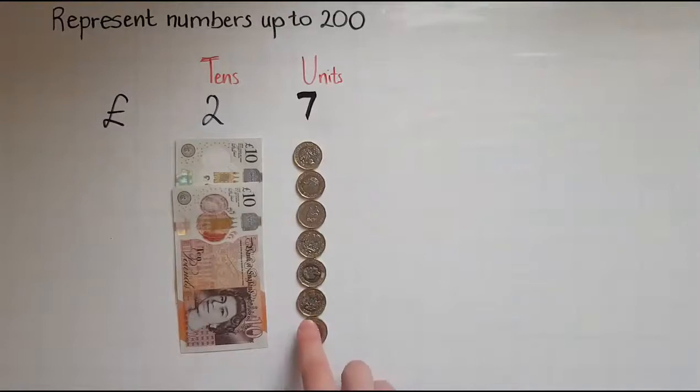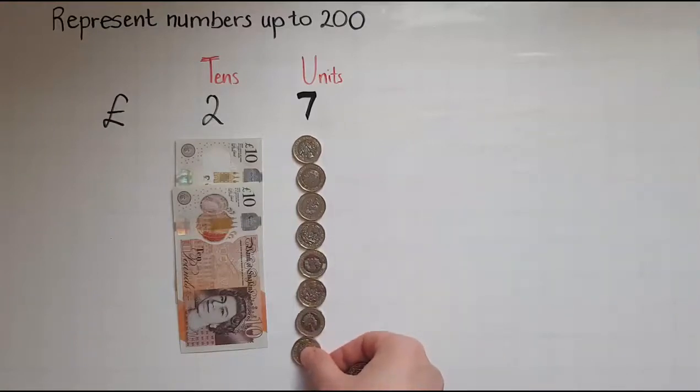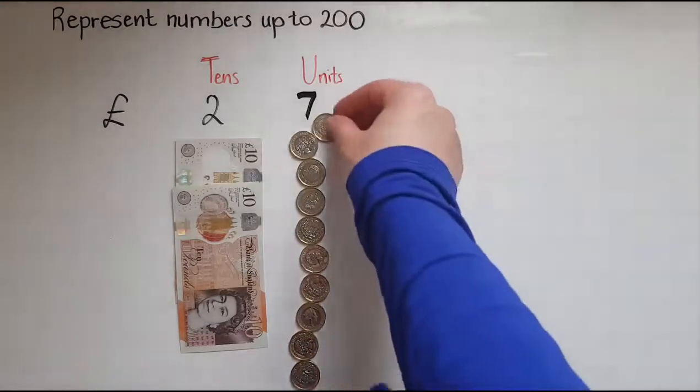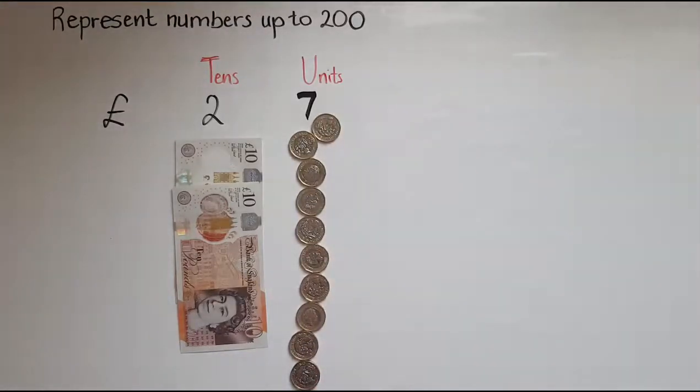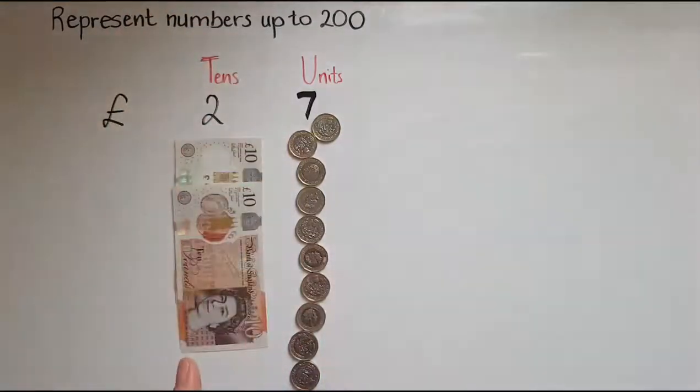So let's suppose I add another £3 coins. So I've got 7, there's going to be 8, 9, 10. So I've got 10 in total. This means now that this is worth a £10 note, and that's going to go into the tens. It's not a unit any longer, because units go up to 9 only.